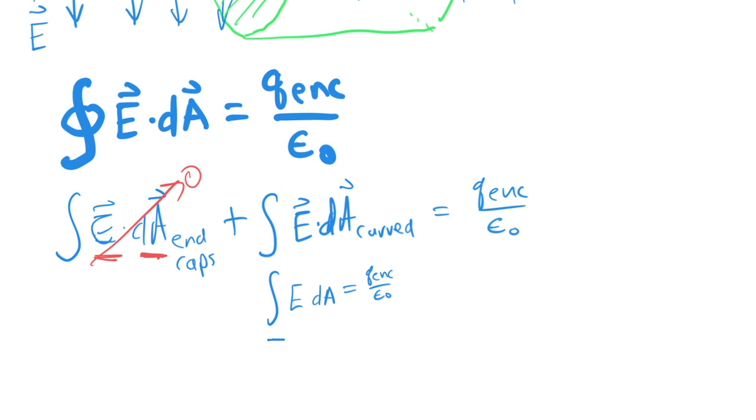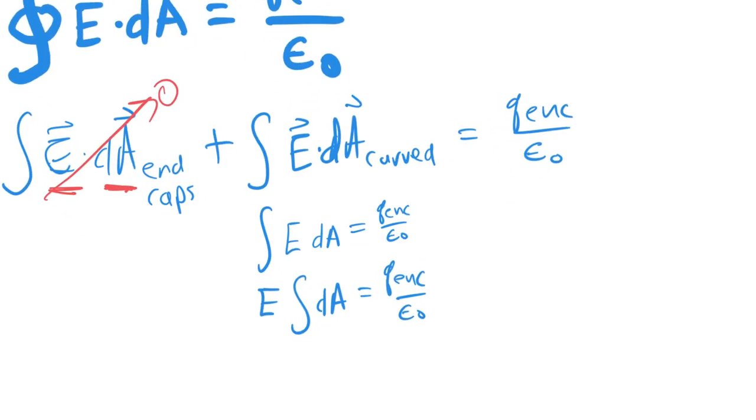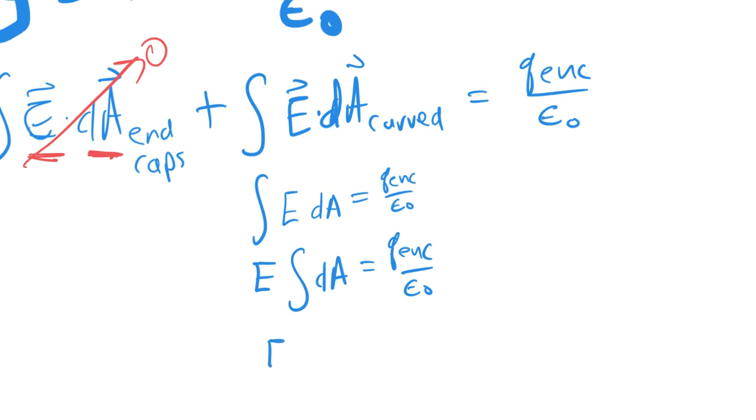So here we can pull our electric field out of the integral of dA. We are just integrating over the total area, which is equal to Q enclosed over epsilon naught. The total area of the cylinder's curved surface times the electric field, where the area is 2 pi r L. So this is the circumference times the length.